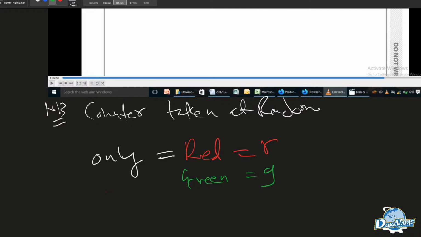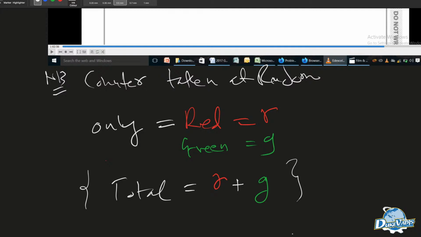If I look at pick one, if I have red and green, then my total in the bag will be red and green. This is what I have in the bag. Okay.